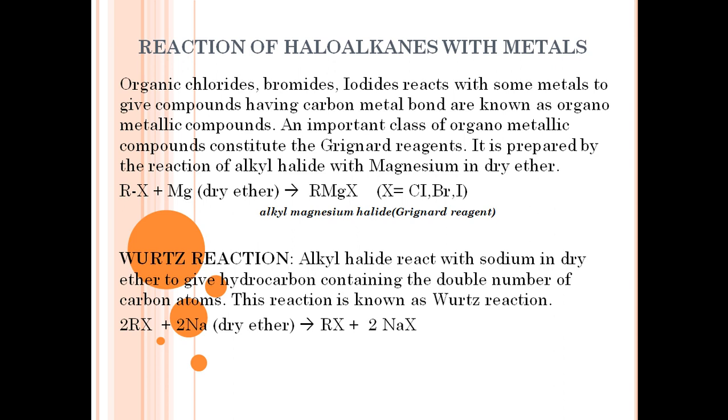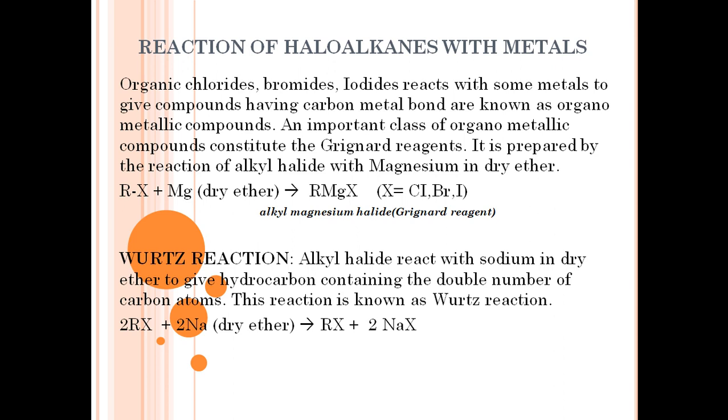Next reaction is the Wurtz reaction. Alkyl halide reacts with sodium in dry ether to give a hydrocarbon containing double the number of carbon atoms. The reaction is known as the Wurtz reaction. 2RX plus 2Na in dry ether gives R-R plus 2NaX. If we take methyl chloride, 2CH3Cl plus 2Na gives ethane plus 2NaCl.